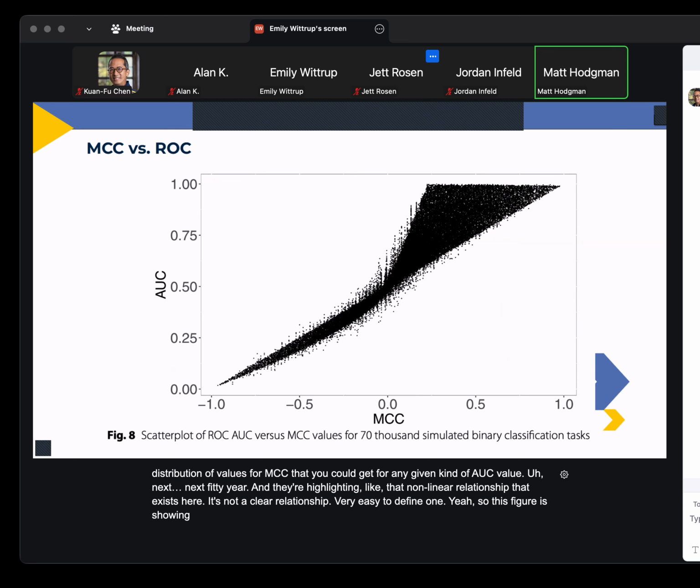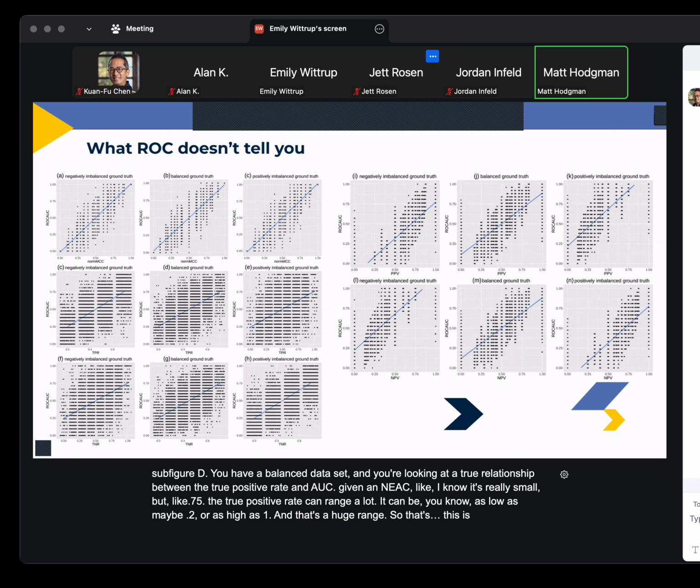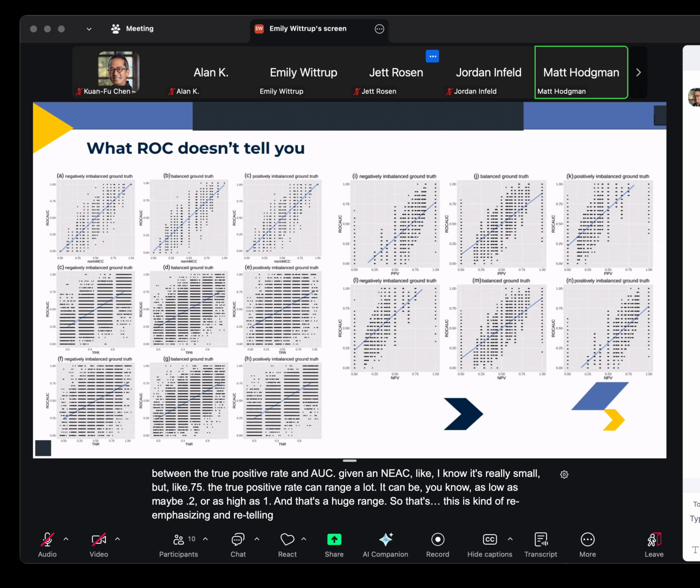It can be as low as maybe 0.2 or as high as 1. That's a huge range. So this is retelling the story: there is a lot of information you don't know by looking at AUC. You can't judge a book by its cover. You can't judge a classifier by AUC.